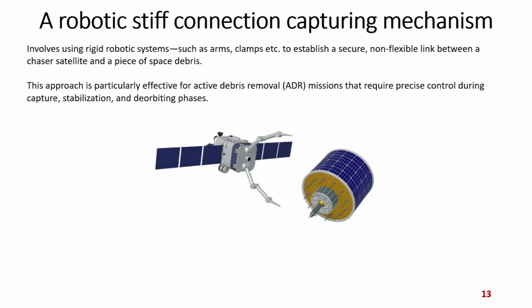So, you can see these are the robotic arms. Multiple arms are there, and this is the chasing spacecraft, and this is the target debris.